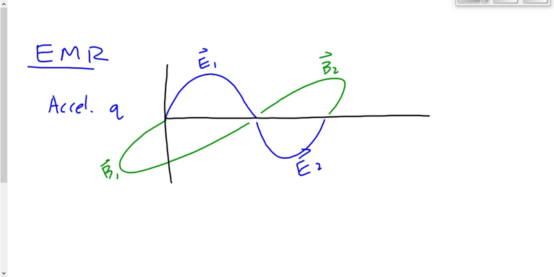And then magnetic field number 2 produces electric field number 3, and electric field number 2 produces magnetic field number 3, and so on and so on and so on. A constant electric and magnetic field will not produce another magnetic and electric field, but a changing electric field will produce a changing magnetic field, and a changing magnetic field will produce a changing electric field.